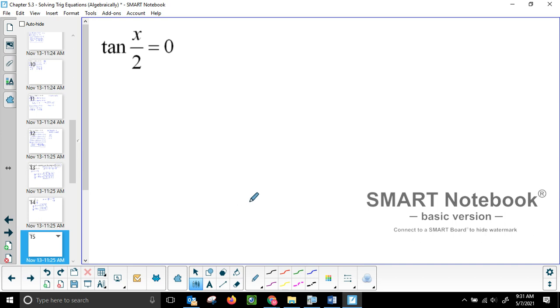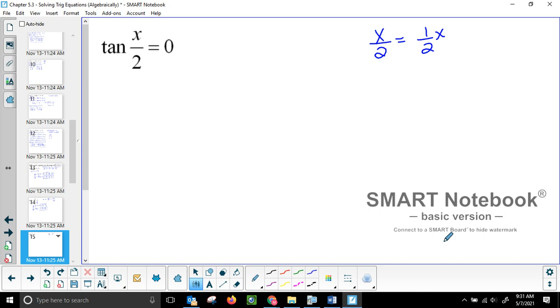Okay, so this is going to work very similarly. We'll do another one. Now do be mindful that x over 2 is the same thing as 1/2 x. If we divide a pizza in 2, how much of that pizza do you get?